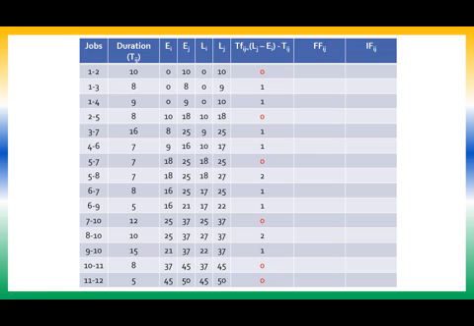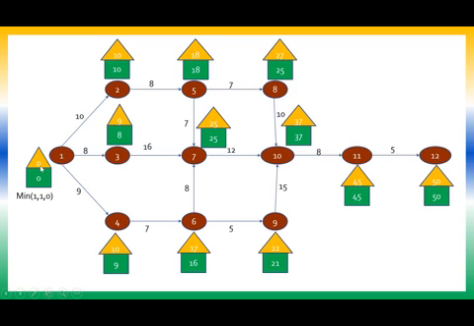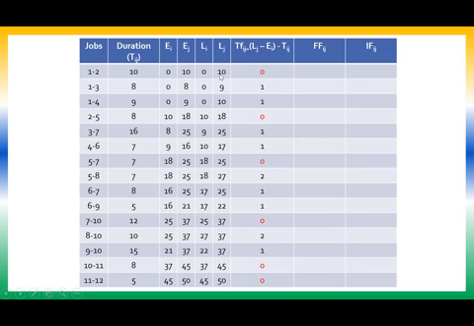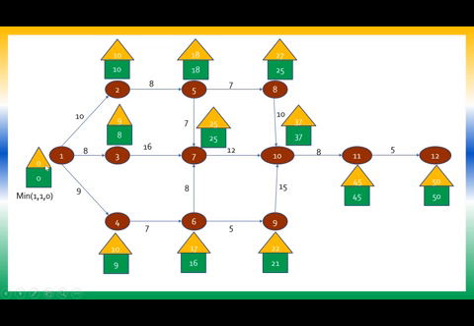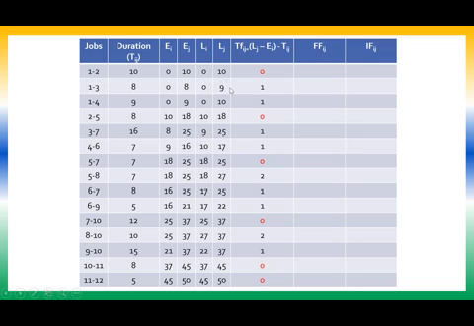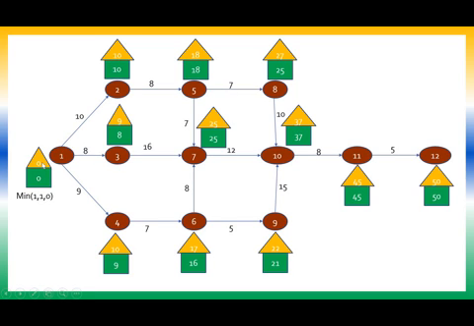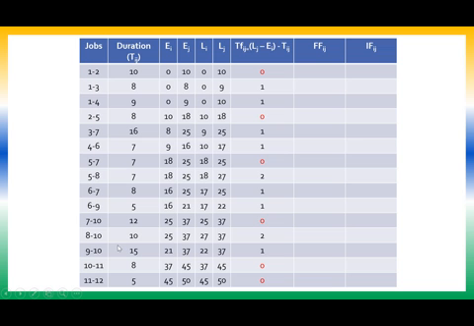Okay. So all the early time estimates are copied, EI and EJ. Similarly, the triangle values have to be copied now. That will become LI and LJ. So 1 to 2: 0, 10. 1 to 3: 0, 9. Then 1 to 4: 0, 10.